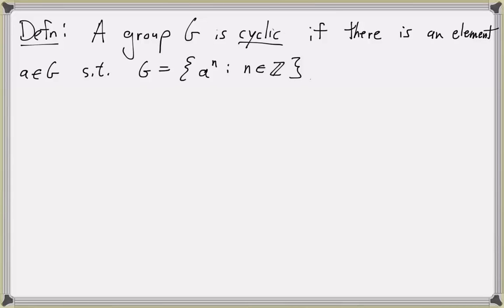So if G is cyclic, we say that A is a generator of G.